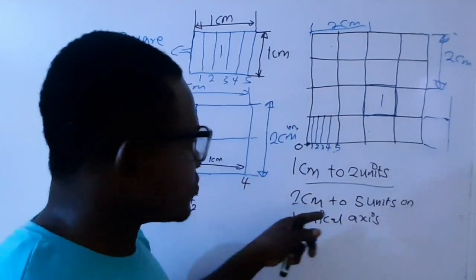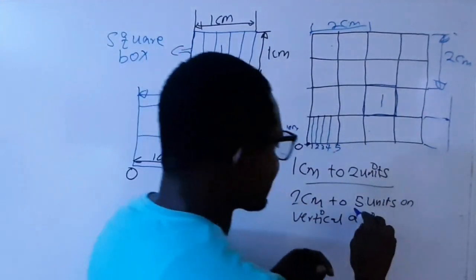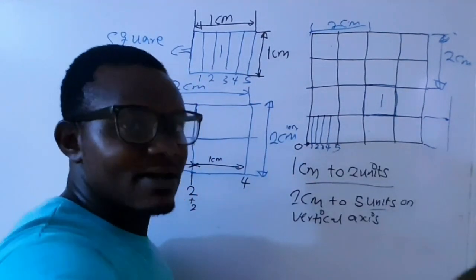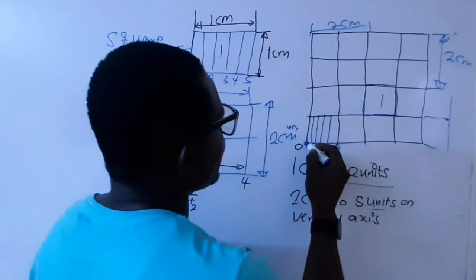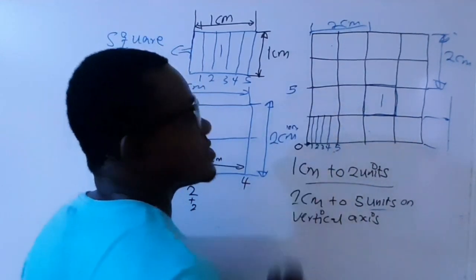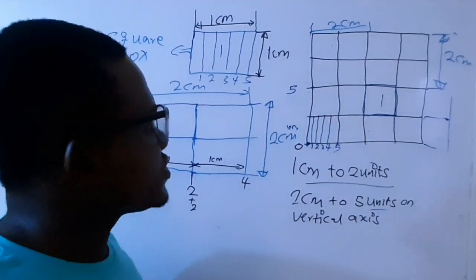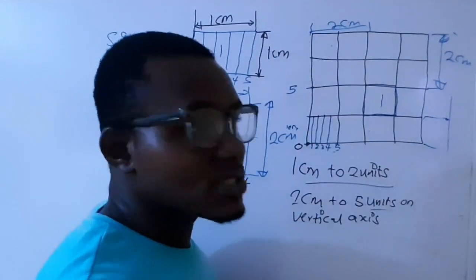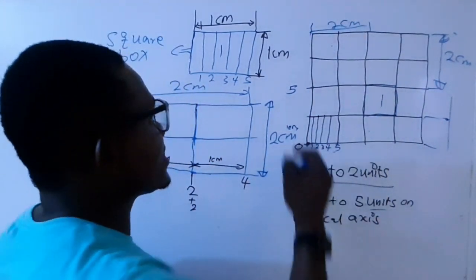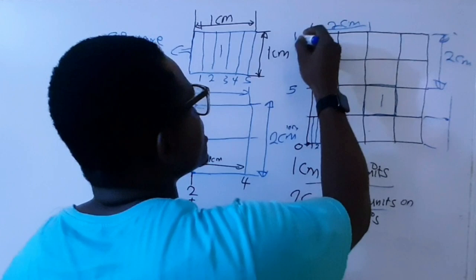But I should proceed by what? By 5 units. That is my interval. So if here is 0, 2 centimeters will give me 5 here on the graph. If I move another 2 centimeters from here down to this place, I add another 5, so this one will become 10 at this level.